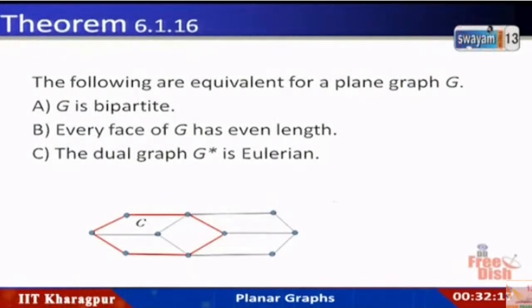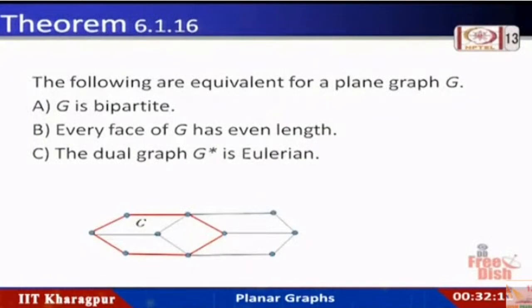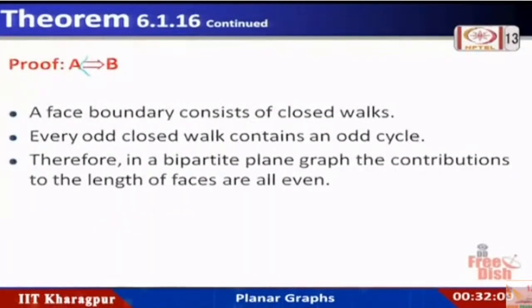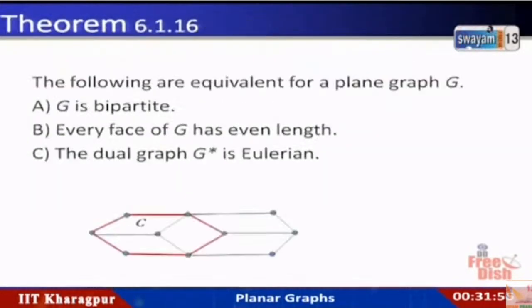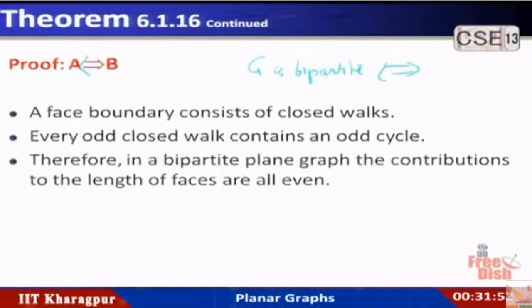C: the dual graph G star is Eulerian. So we will derive that A is equivalent to B. A means G is bipartite, and this is equivalent to saying that every face of G has even length.